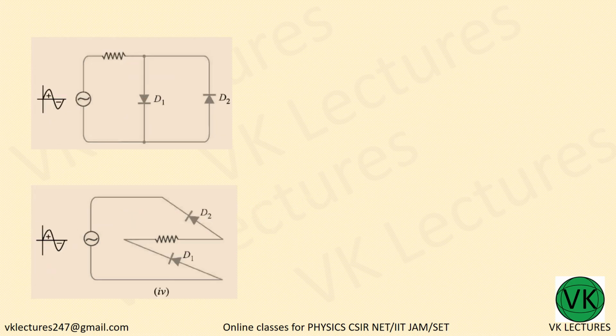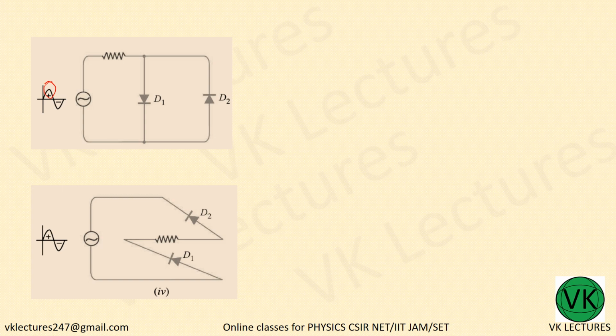And here, in the positive cycle, this parallel combination is used for both-way rectification, done on both sides, but you will have to use one junction in between to make it rectify in the same direction.